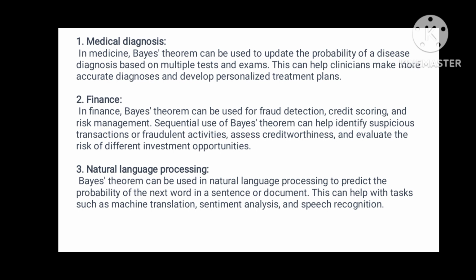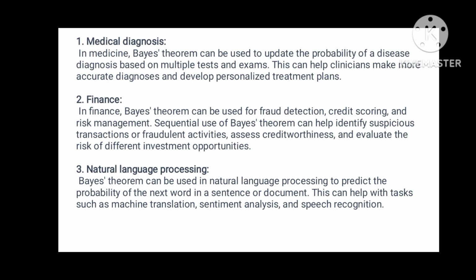What are the applications? First is medical diagnosis. To test what kind of disease one is suffering from, there should be proper diagnosis. For that purpose, we need sequential Bayesian.